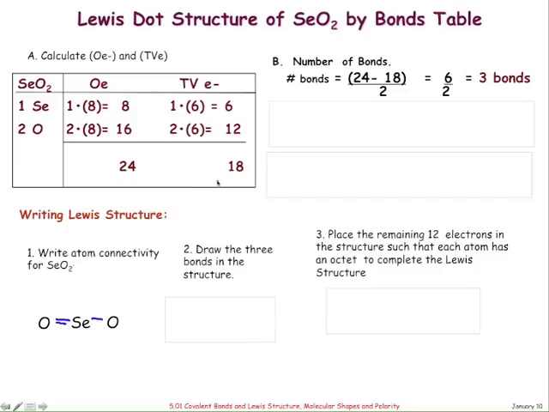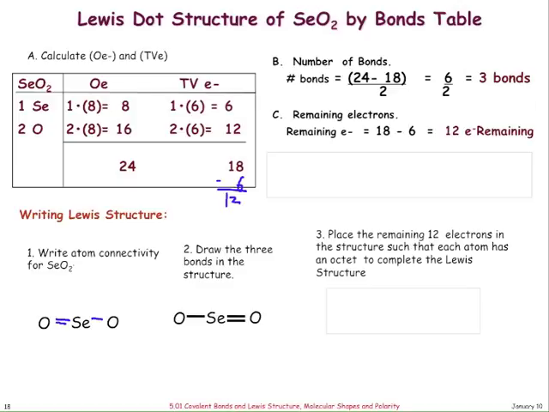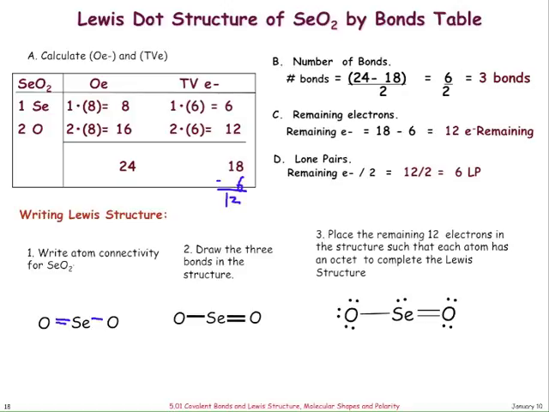Now if we subtract 6 from this, we see that we have 12. That means 12 divided by 2, we have 6 lone pairs. So that's what you see right here. Again, you draw the lone pairs so that each atom satisfies the octet rule. You put 6 more on this oxygen.